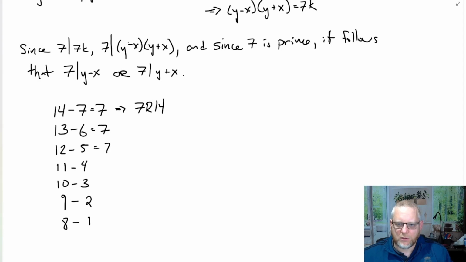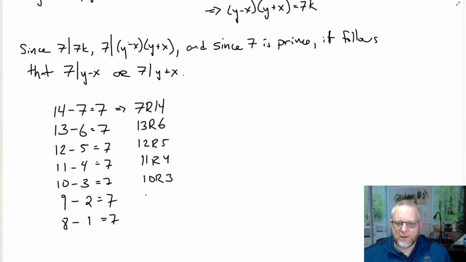Those are all 7. And so we have that 13 is related to 6. We have that 12 is related to 5. We have that 11 is related to 4. We have that 10 is related to 3. We have that 9 is related to 2. And we have that 8 is related to 1.